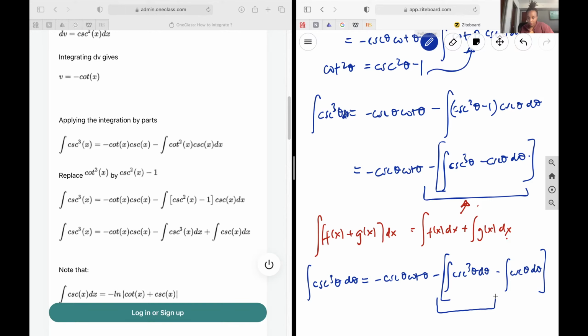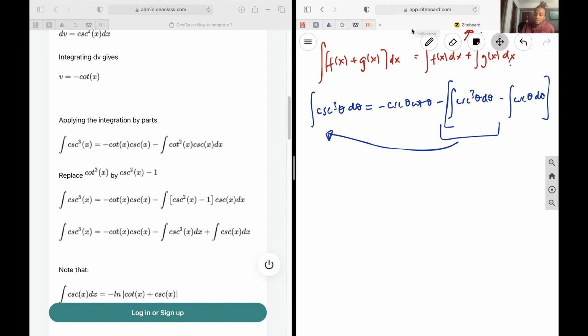So I noticed something familiar here, and I'm going to choose to move it to the other side. That way I have all of the cosecant cubed on one side and everything else on the other side. And so from this I get that 2 times the integral of cosecant cubed theta d theta is equal to negative cosecant theta cotangent theta plus, because minus by minus, the integral of cosecant theta d theta.